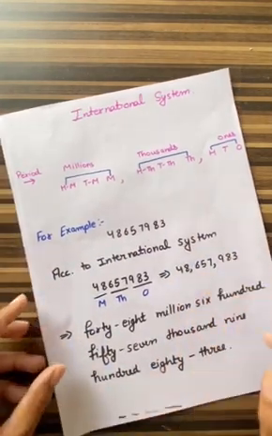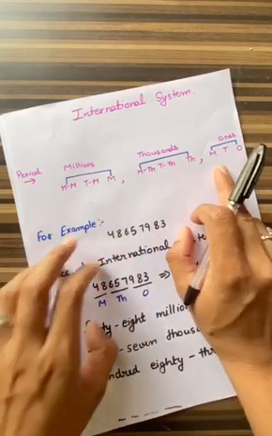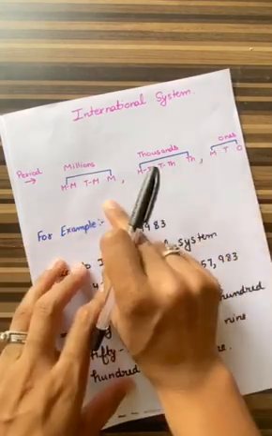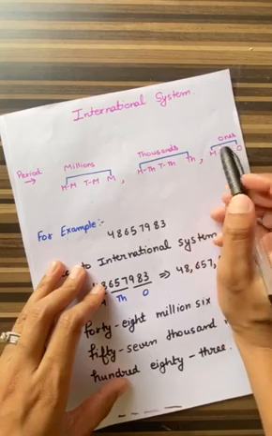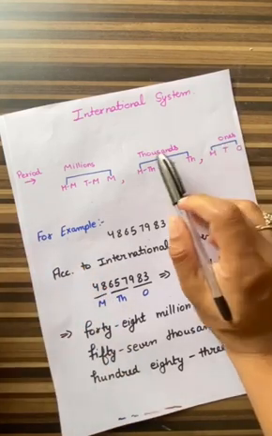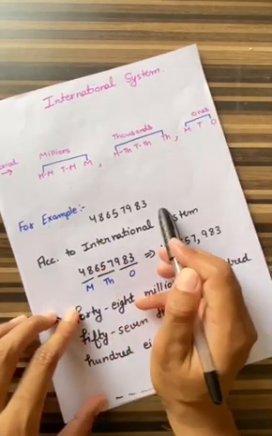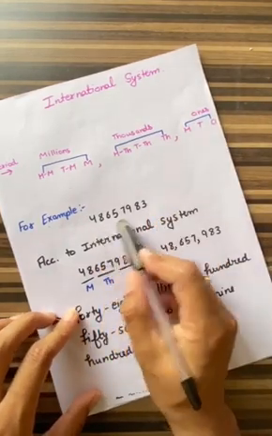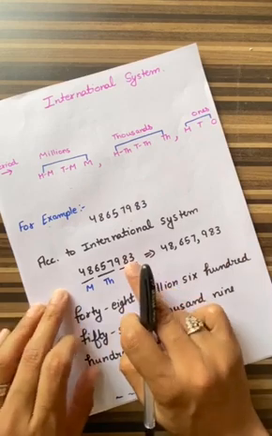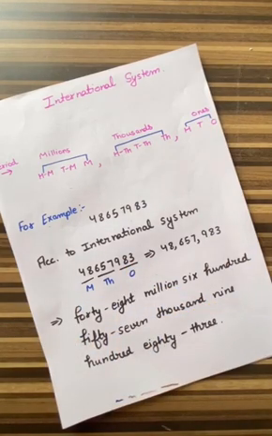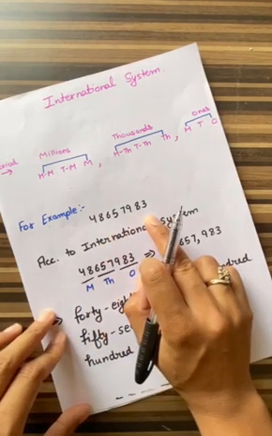For example, in the Indian system we take ones, thousand, lakhs, crores, but in the international system we take ones, thousand, millions. Let's take another example. We have a number here. According to the international system, how can we write it in word form?